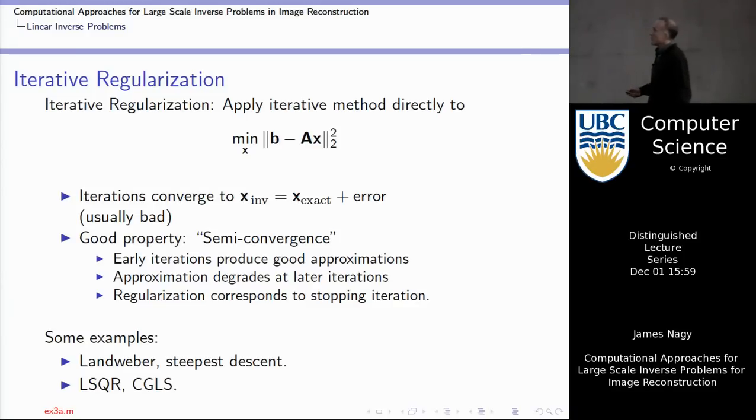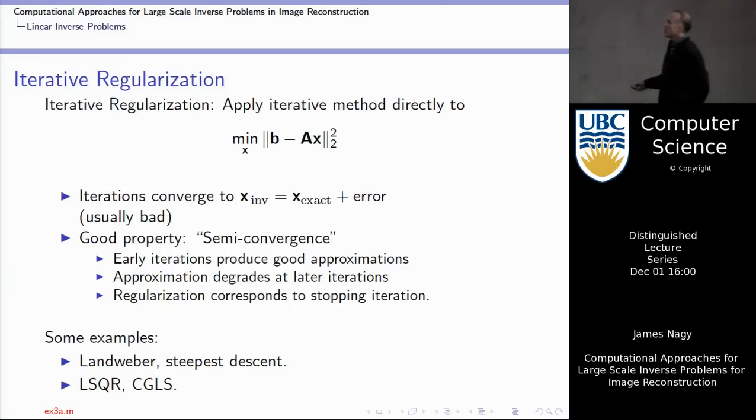Another approach is to use basic iterative regularization, where you would just apply an iterative method to the data fit term, and not worry about adding any dampening term, and run your iterative method on it. If you run it to convergence, it will converge to what you expect, the inverse solution, A inverse times B.